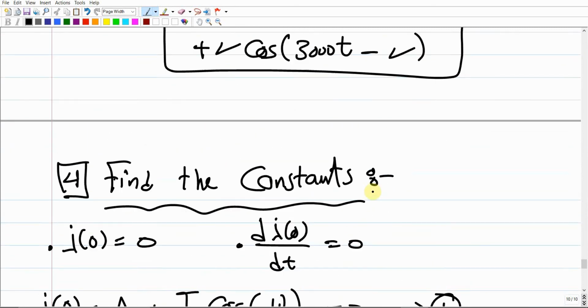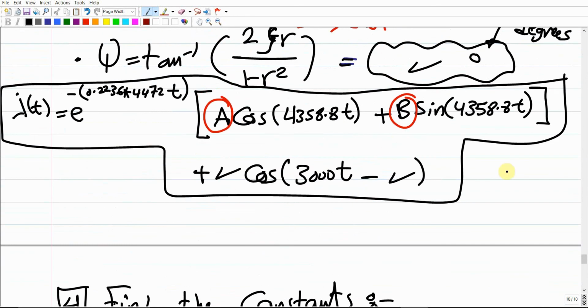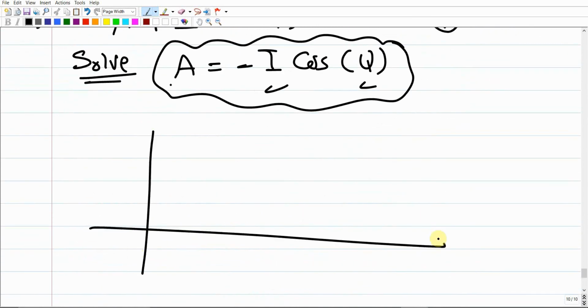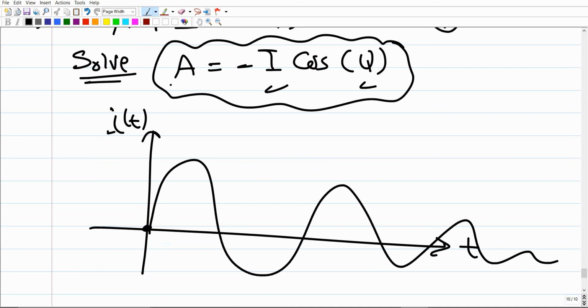Then if you plug A and B in here, you're going to end up with the general solution of this current function. If you plot this function using MATLAB, for example, you would end up with a specific i of t. Because we start from 0, you're going to end up with some wave, but we are expecting that the amplitude of this wave is going to decrease as time moves on.